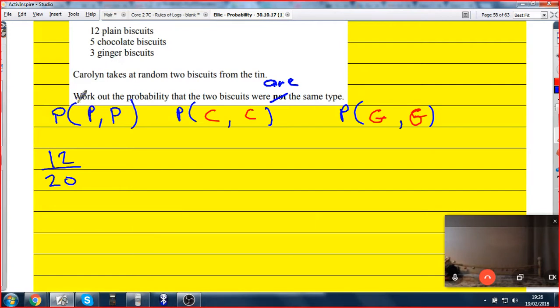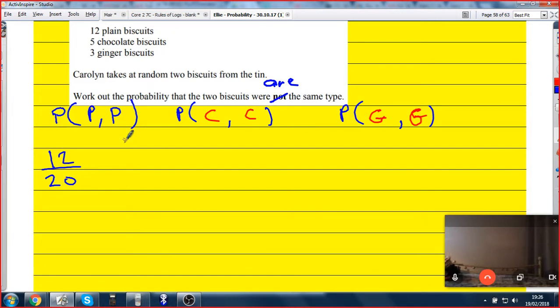So we said it would be a plain, then a plain. So probability of taking a plain was 12 out of 20. What would be the next thing you would take? So we said for the first one to be successful, so they both are the same, it would be plain then plain. So probability of a plain 12 out of 20.